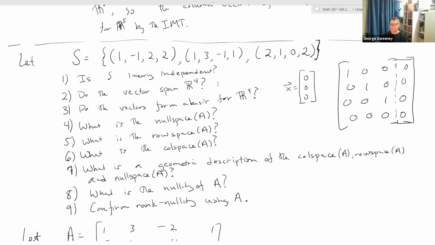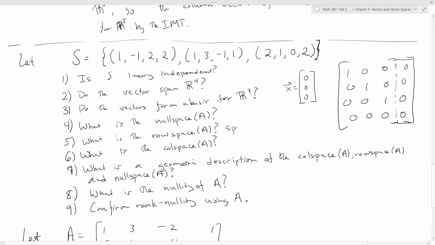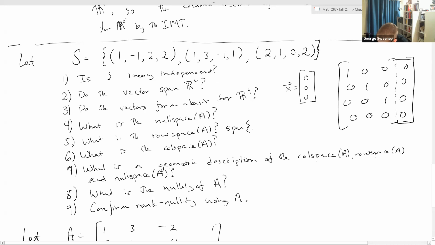What is the row space of A? What's the row space of A, Con? It's the first 3 rows of the RREF.